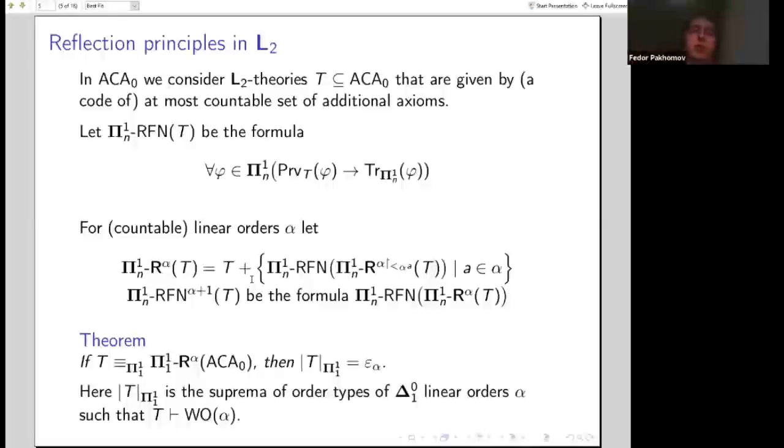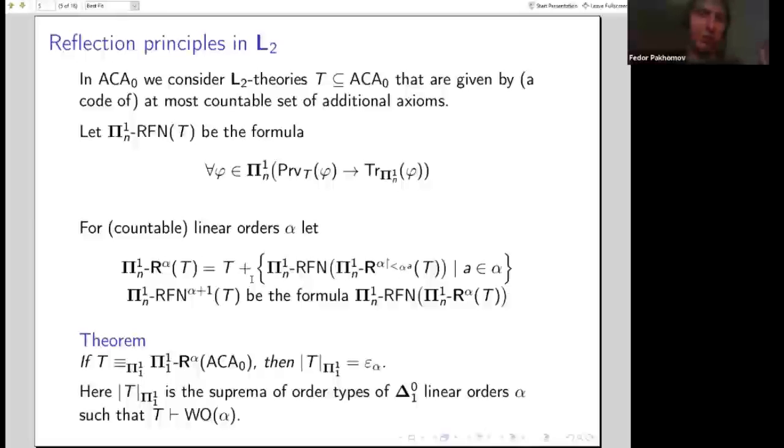Now, of course, we could define iterations of reflection, but the important distinction here is that we want not just to consider iteration over, say, elementary linear orders or primitive recursive linear orders, something kind of defined.